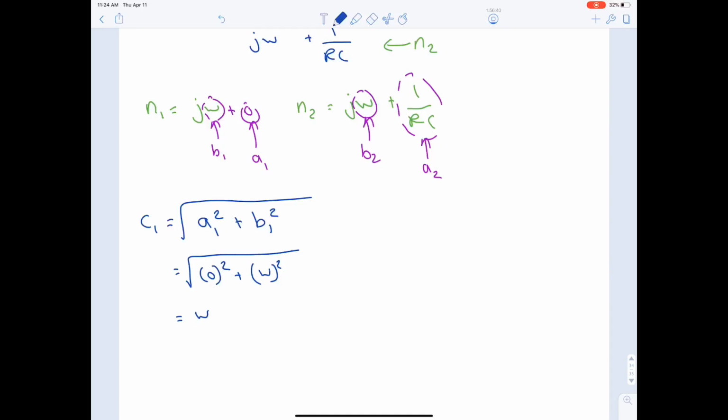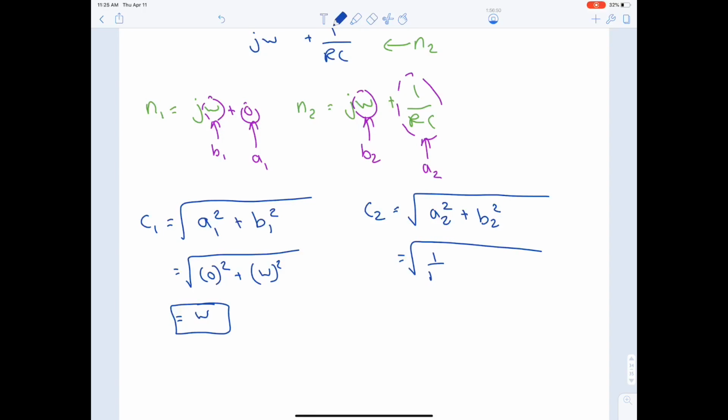This will give us omega. For c2 it will be square root of a2 squared plus b2 squared, resulting in 1 over rc squared plus omega squared. Okay, so those are the answers for c1 and c2.